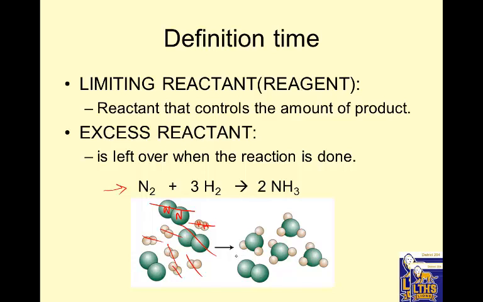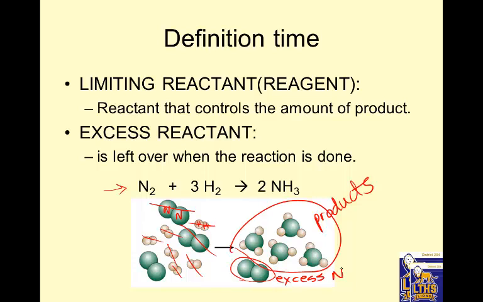So we end up with 4 products, and this is excess nitrogen. So the limiting reactant was the H2 because there's none left over. The excess reactant was N2.